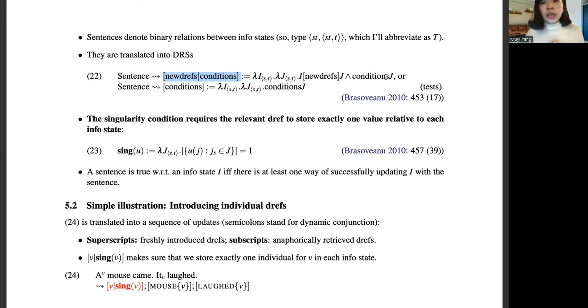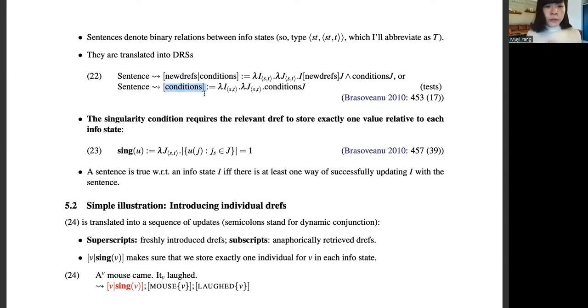And also J has to satisfy certain conditions specified by this sentence. It's also possible that there is no discourse referent introduced in a sentence. It only requires certain conditions to be satisfied. So it will be in a simpler form like this.